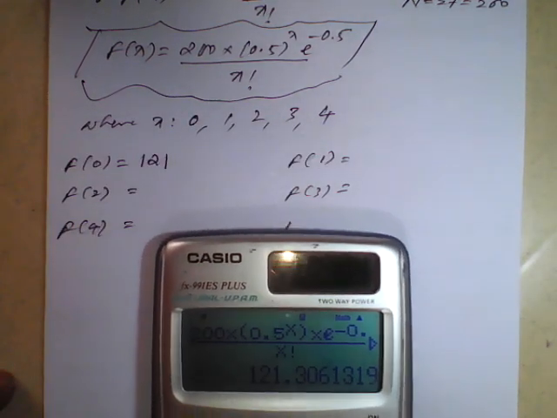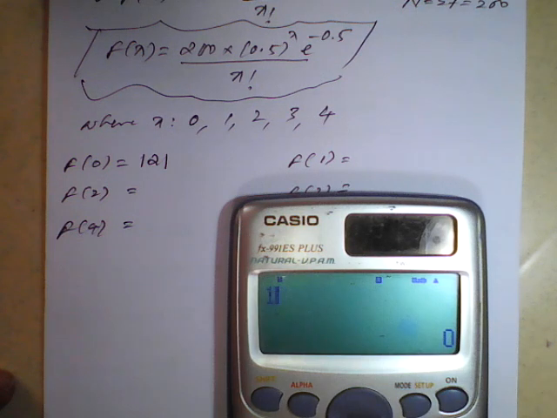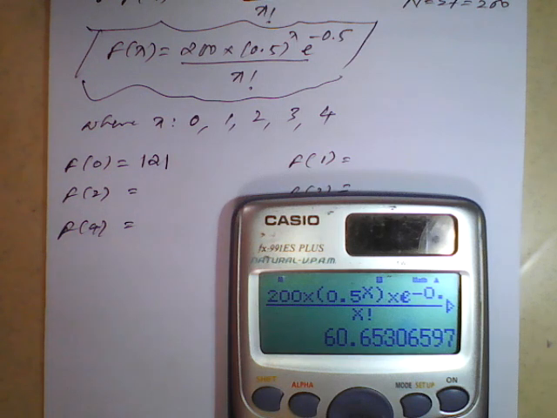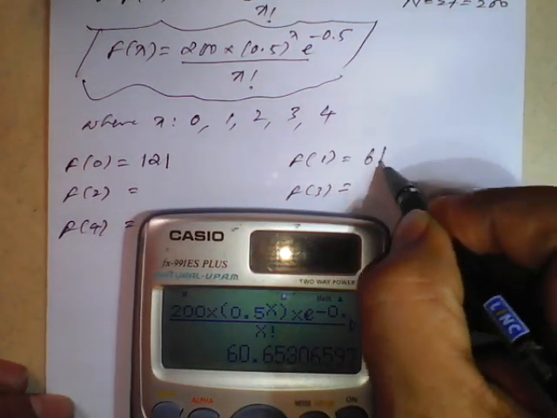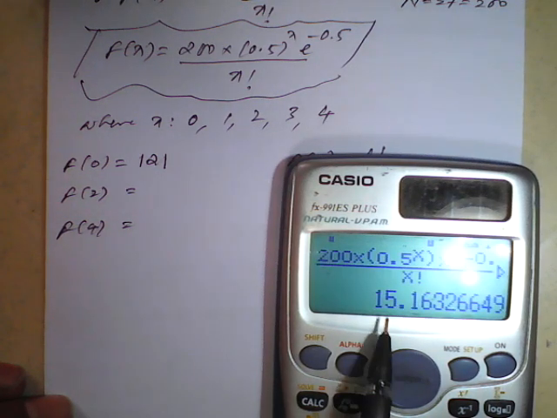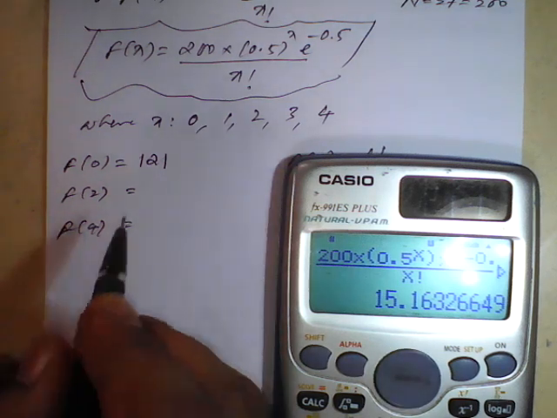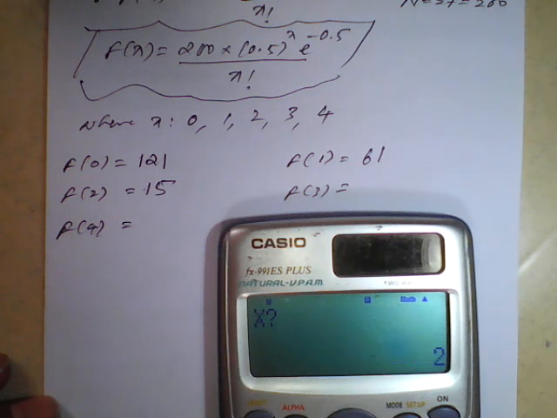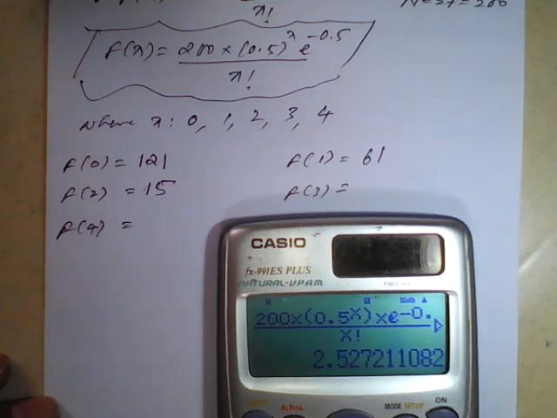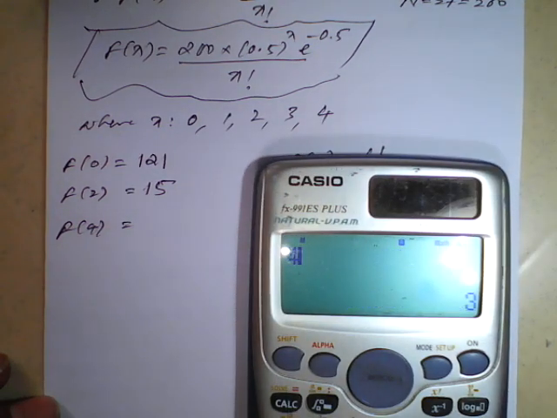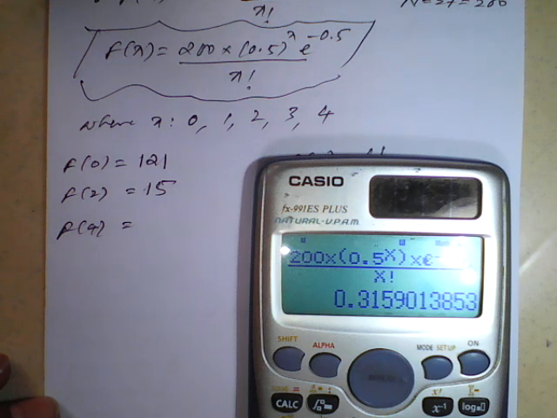When x is equal to 1, it will be 60.6 and we'll round it up as 61. Next when x is equal to 2, it will be 15.16, so I will make it 15. Then when x is equal to 3, it will be 2.5, so I will make it 3. Then when x is equal to 4, it will be 0.31, so I will make it 0.